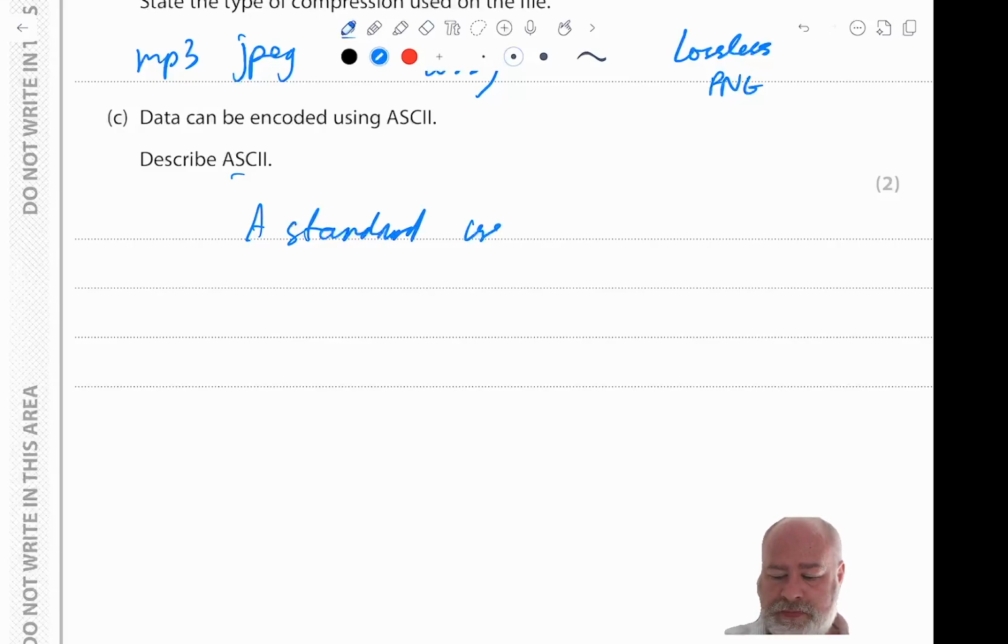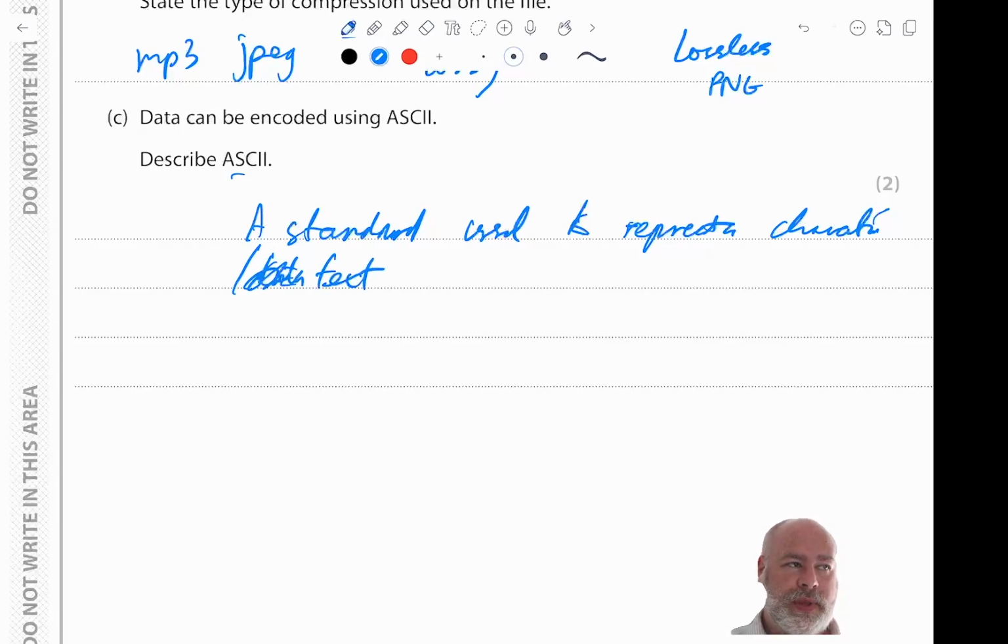Standard used to represent characters, text, and it allows other computers, because that's why it was made, so all the computer manufacturers can have something that works across the board to use the same data.